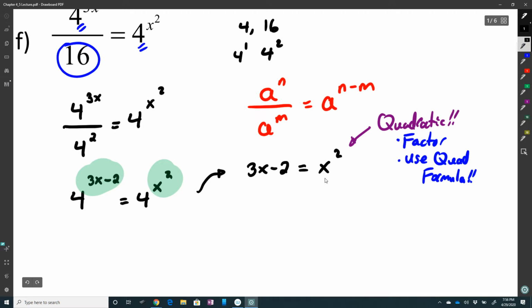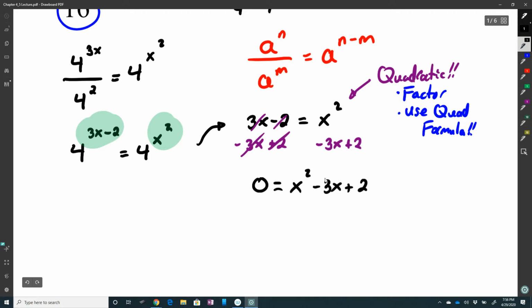So I'm going to get everything to one side. Basically, I'm going to subtract 3x and add 2. And notice there's my quadratic, x squared minus 3x plus 2. Notice this one can be factored. This is x minus 2, x minus 1.